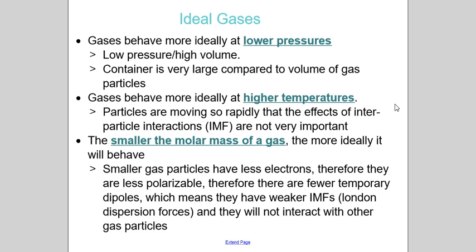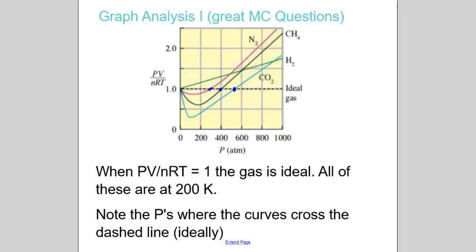The smaller gas particles have fewer electrons, so weaker IMF forces, and they won't interact as long. So you should have a good idea of what things will make ideal gases more ideal.